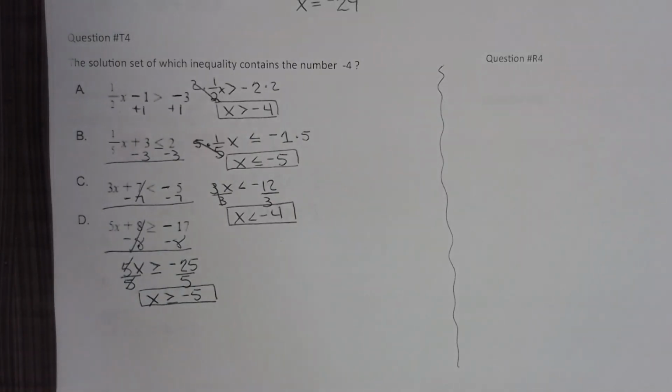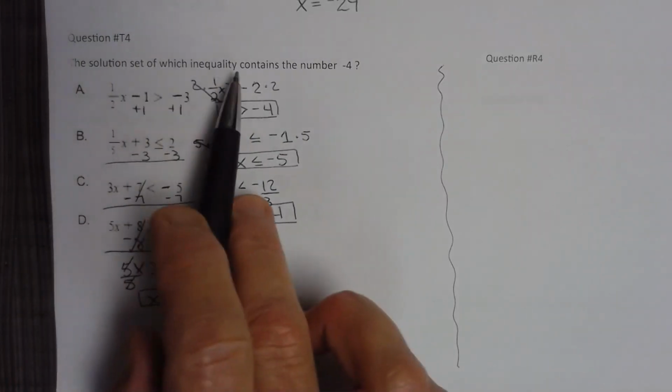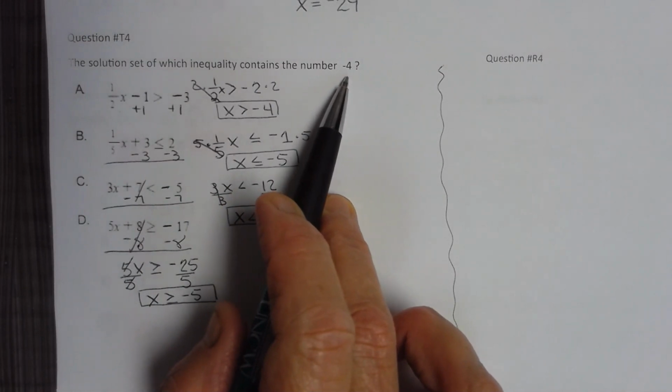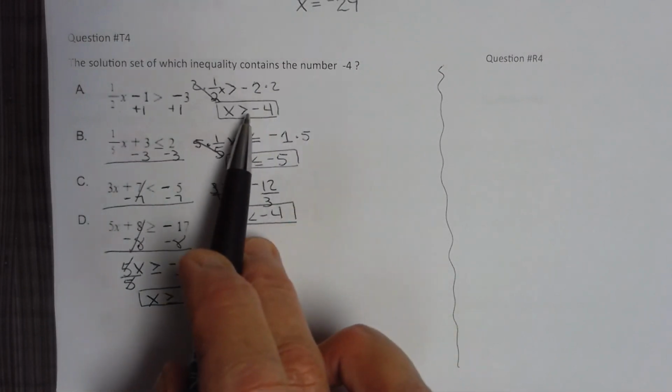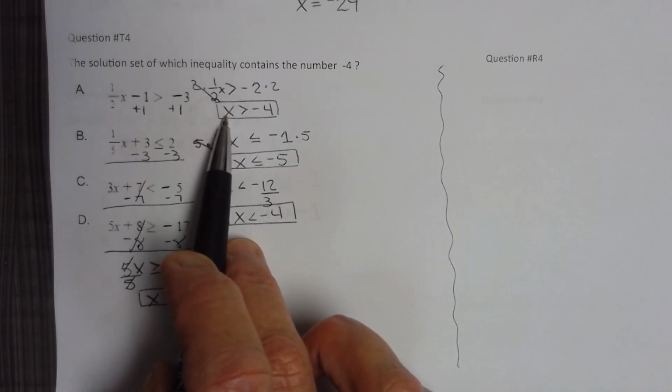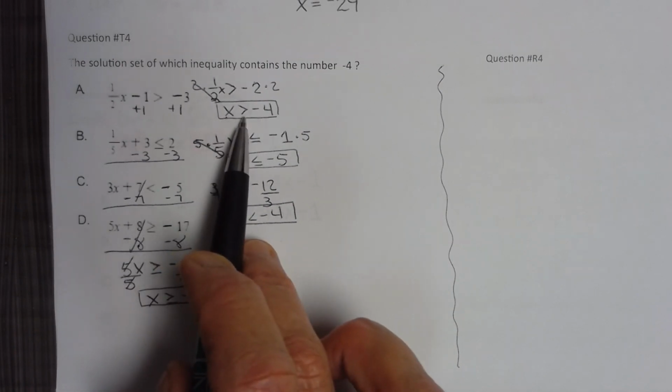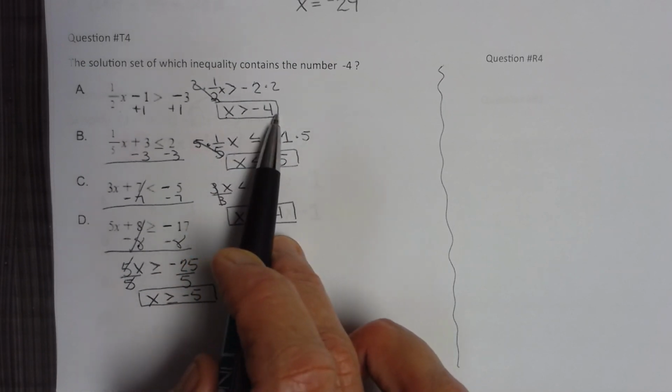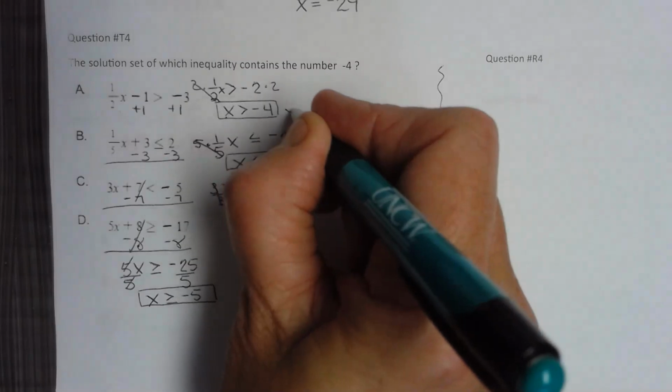Okay, so the solution set, which contains the number negative 4. We've got to be very careful because this inequality says that the solution x is any number greater than negative 4. So this would not be the correct answer.